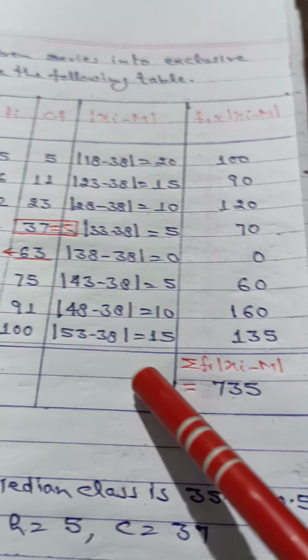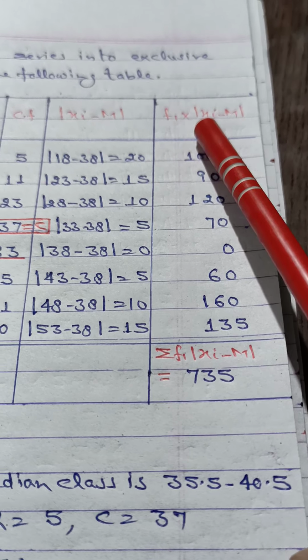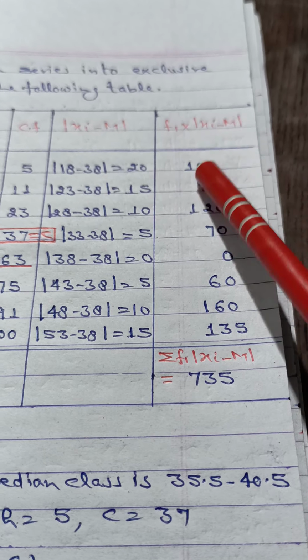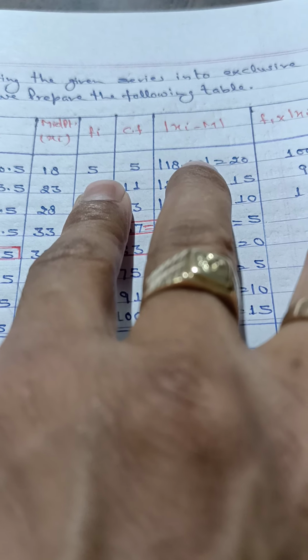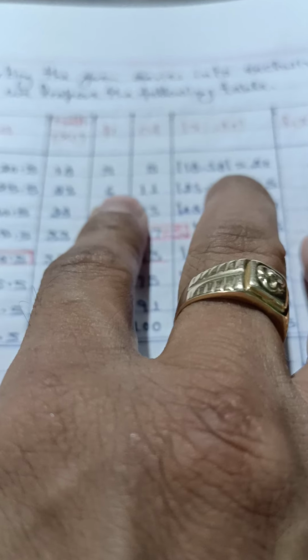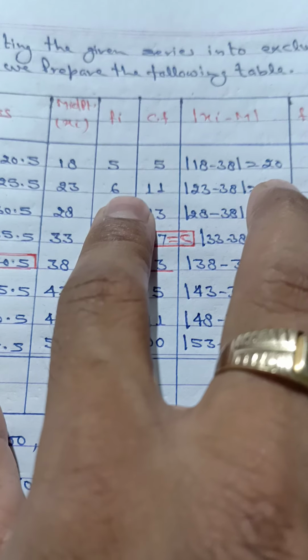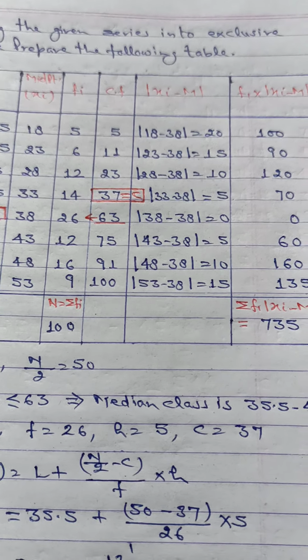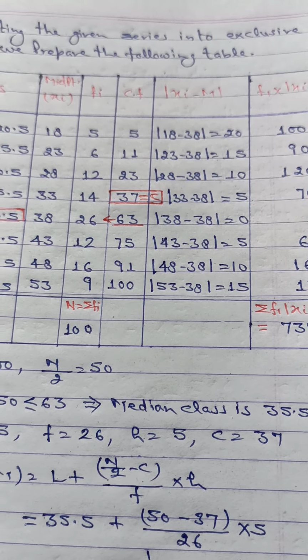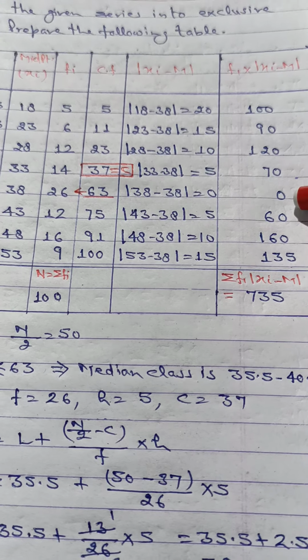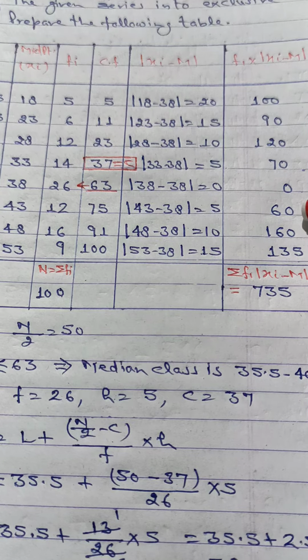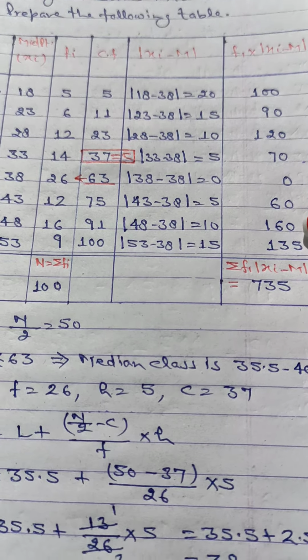Now in the next column we prepare fi multiplied by mod xi minus M. So 5 into 20 is 100, 15 into 6 is 90, 12 into 10 is 120, 14 into 5 is 70, 26 into 0 is 0, 12 into 5 is 60, 16 into 10 is 160, and 9 into 15 is 135.